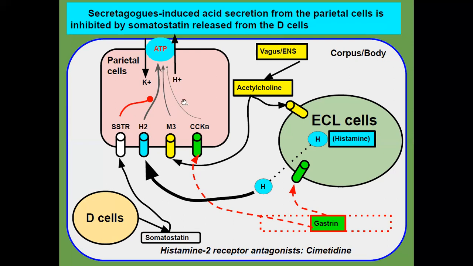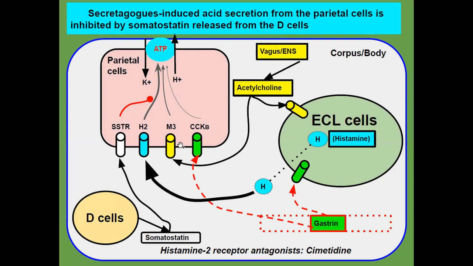secrete acid. Okay, for the historical background, people argued again and again whether histamine is the common mediator for acid secretion, or just a potential aider for acetylcholine and gastrin induced acid secretion.